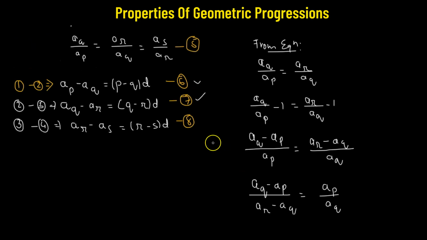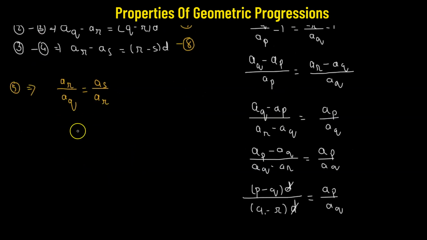Next, we'll use the other ratio. We'll use the second and the third ratio, again from equation number 5. We have the Rth term divided by the Qth term, which is equal to the Sth term divided by the Rth term.